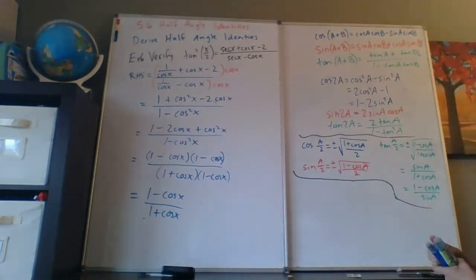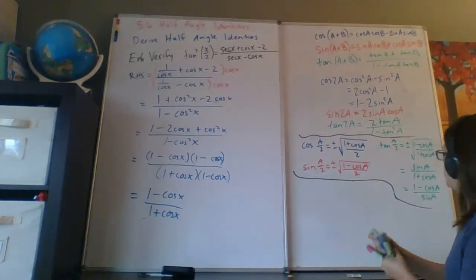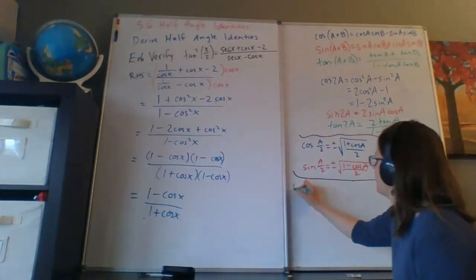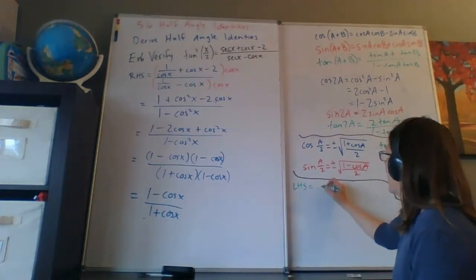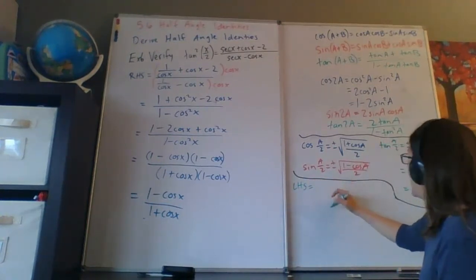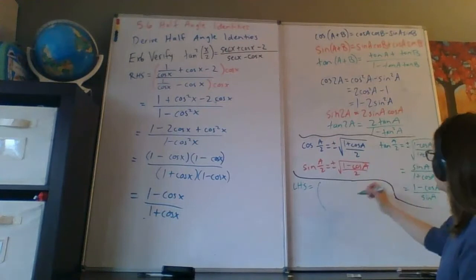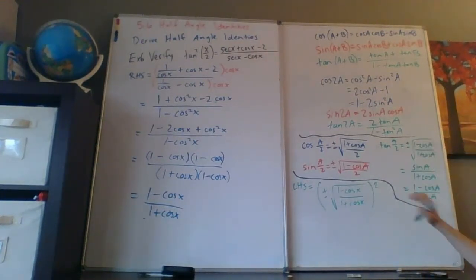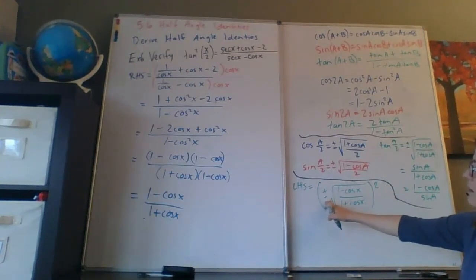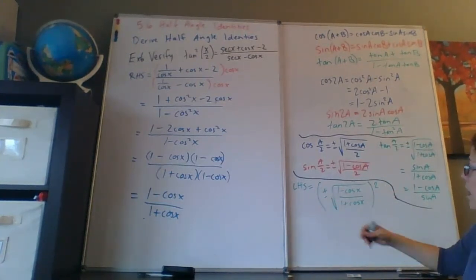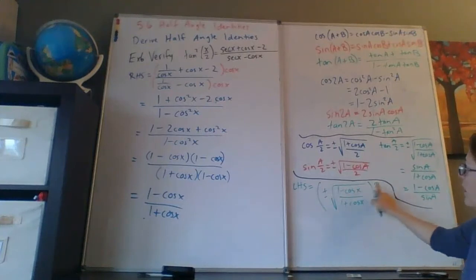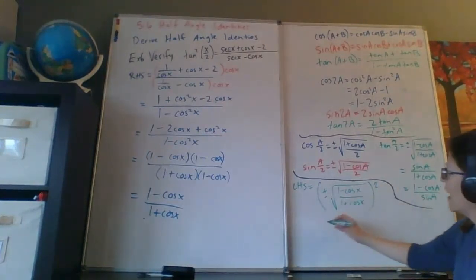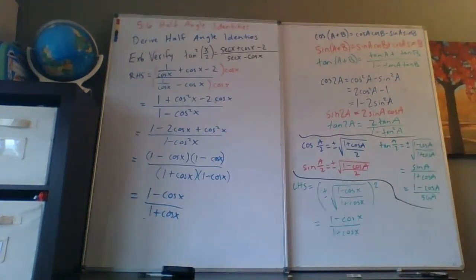So now I'm going to go over to the left-hand side, and if I take the half angle for tangent, this first one here, and I square it, squaring a positive or a negative, no matter what, will result in a positive. And then the square and the square root can cancel. So thus I am left with 1 minus cosine x over 1 plus cosine x.